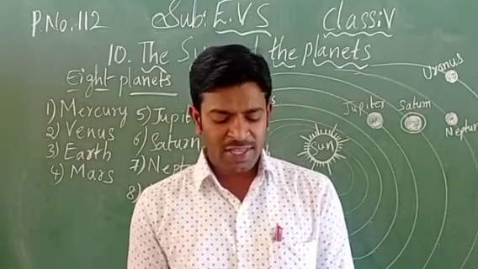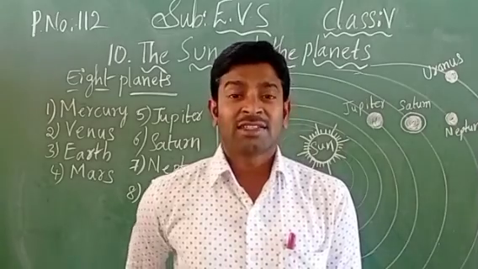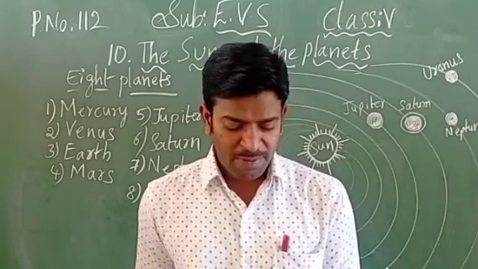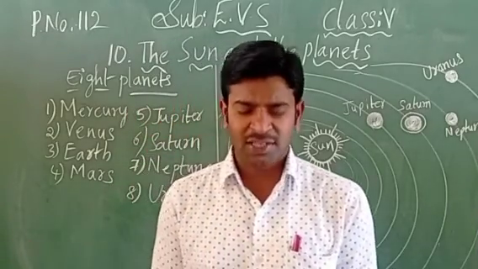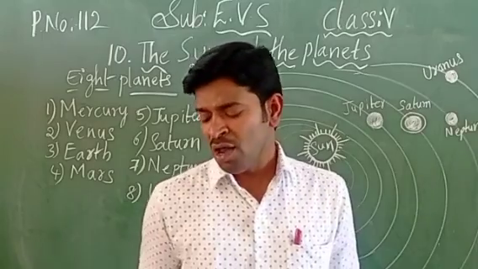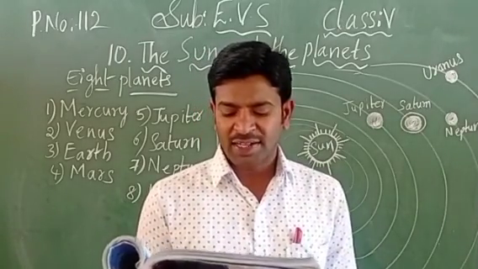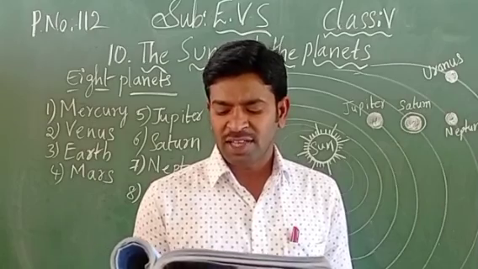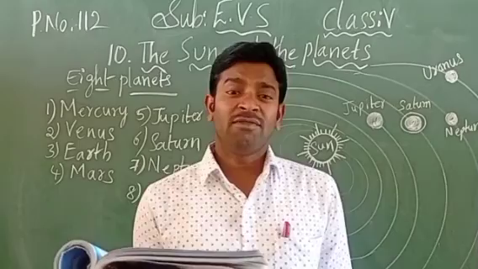Next one, some of these can be seen easily, but some cannot be seen. That means we can see some of the planets and some of them are not seen. The stars which twinkle in the sky at night appear small because they are crores of kilometers away.